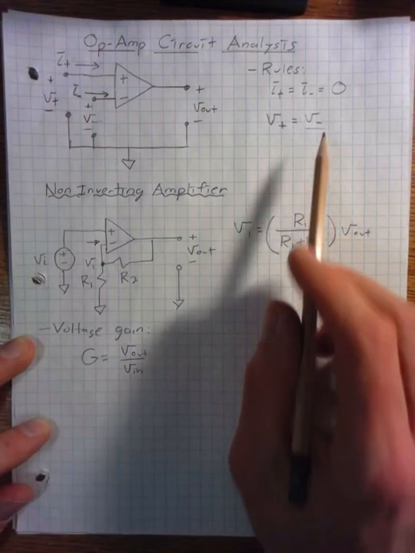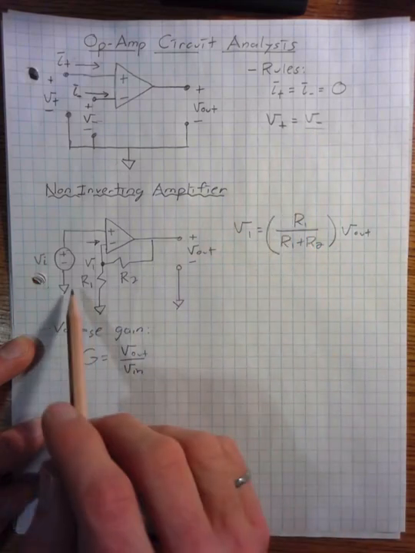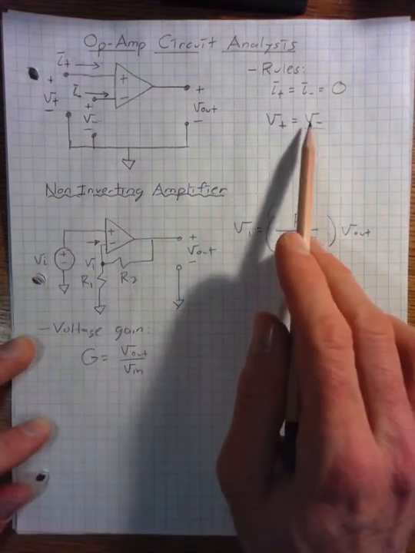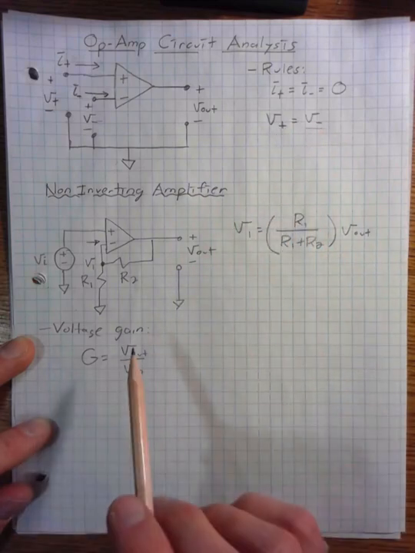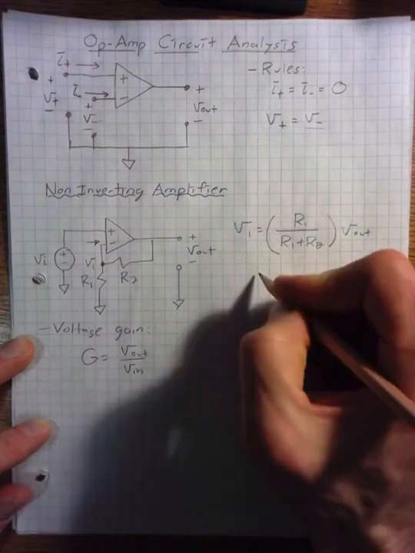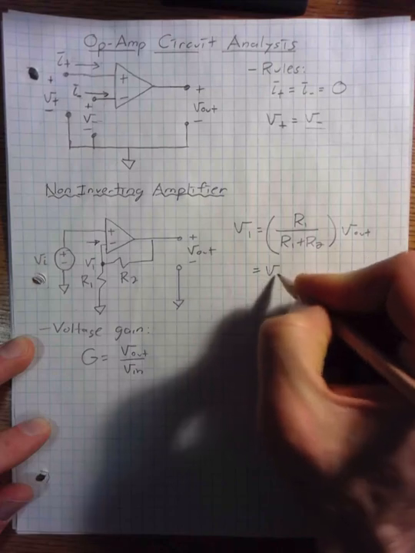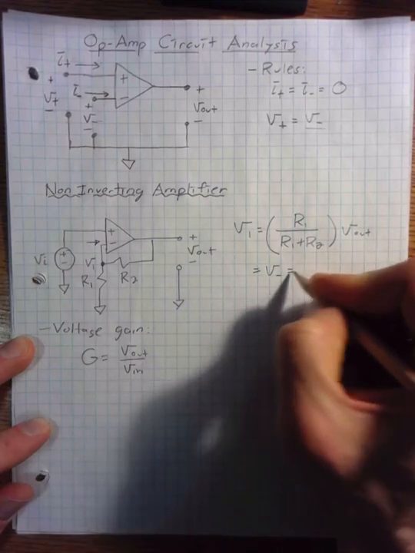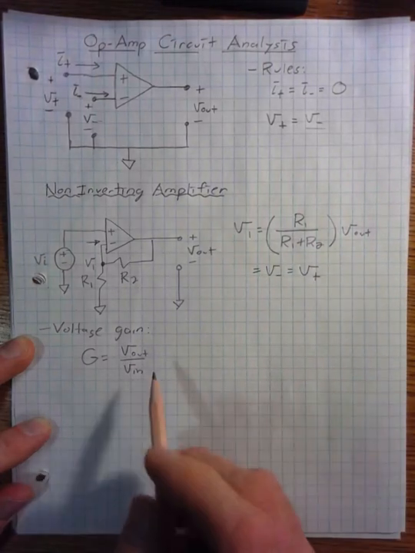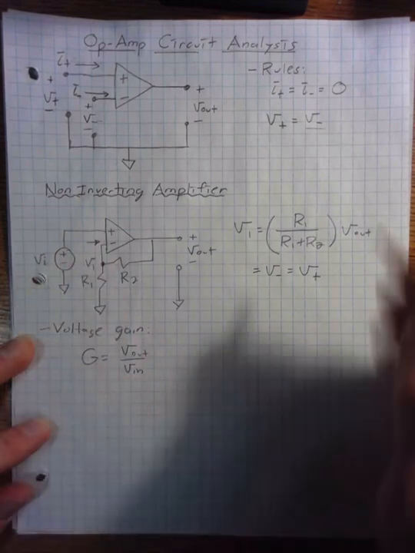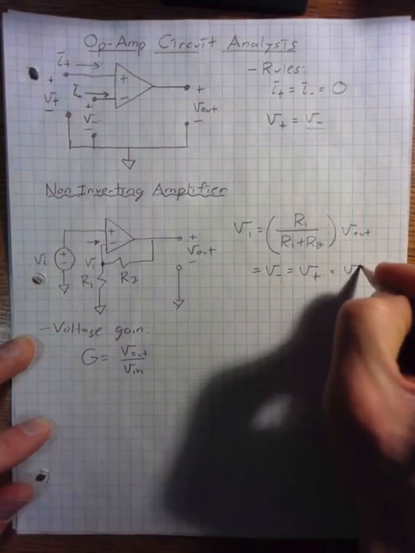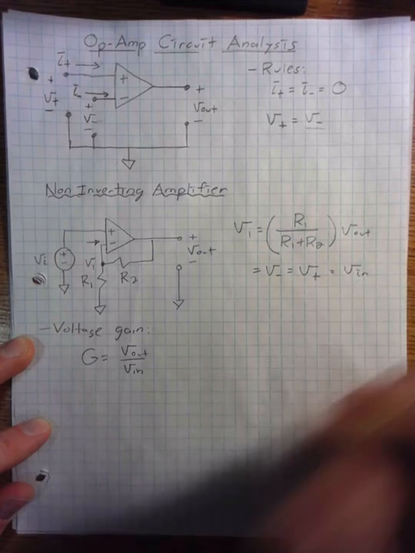And we know that the op-amp and this network will work to keep the voltages the same at the positive and negative terminals. And so V1 is equal to V minus. It's also equal to V plus. And V plus just happens to be the input voltage that we're applying to this terminal. So it's equal to V in.